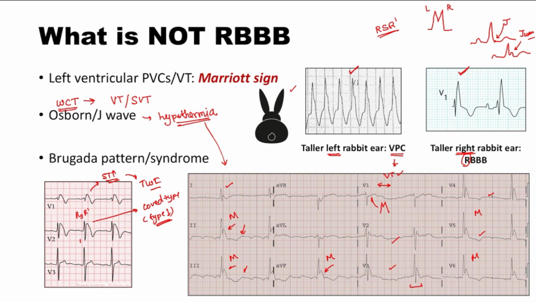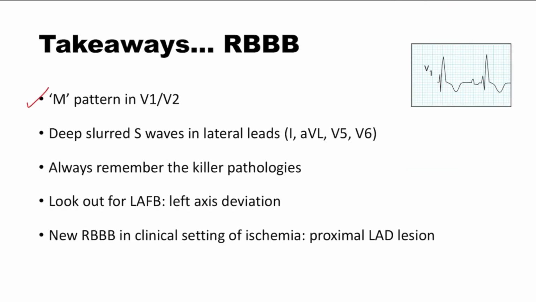So the takeaways from this particular lesson are: for an RBBB, you'll see an M pattern in V1 and V2. You'll see a deep slurred wave in the lateral leads. You should always remember the killer pathology, especially when the RBBB is new. If there is an associated left axis deviation, think about an associated LAFB along with right bundle branch block.